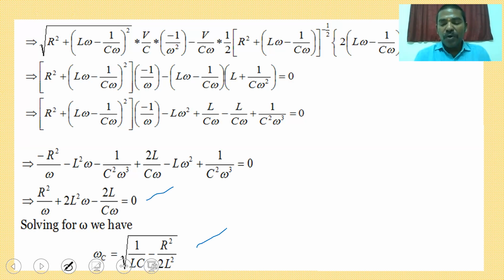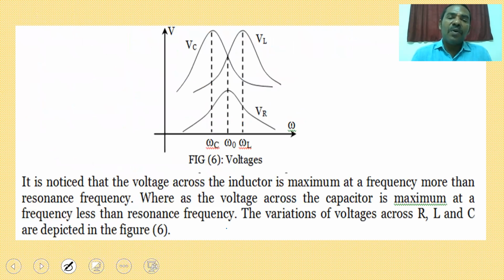So these are the 4 important derivations with respect to variation of reactance, either inductance or capacitance, with respect to frequency variation of inductance, frequency variation of capacitance. So then coming to the voltage versus frequency.